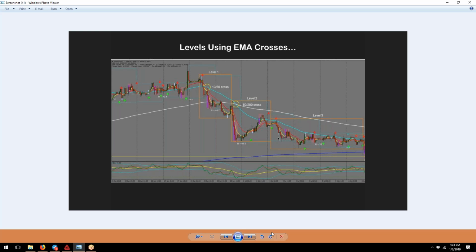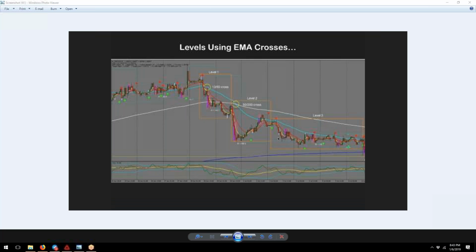And the last way to identify the levels is your moving average crosses. Look at this particular setup. Level 1, look how the moving averages cross over. The 13, the catch-up, crosses over the 50, the watermark. Level 2, they start working. Look at the cross: the 50 crosses over the 200.